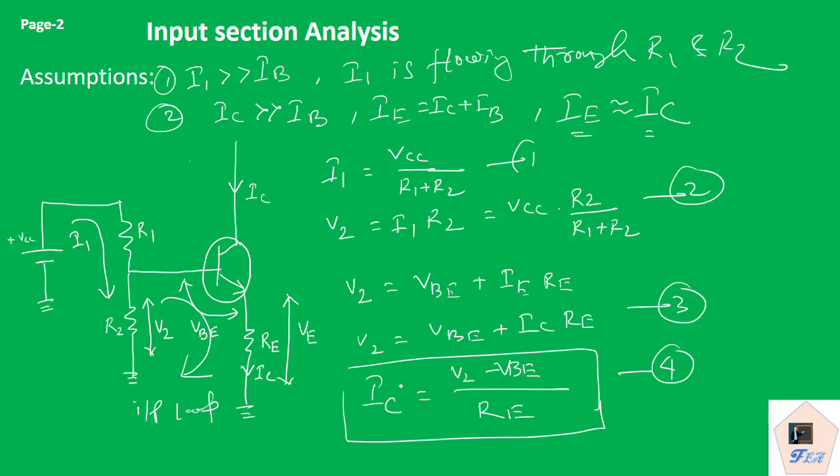In this biasing circuit, straight away we can see IC is not directly dependent on beta, but we have slight dependence on VBE. But in practice, V2 is such that it is much greater than VBE. As a result, IC is also independent of VBE, or very less dependent on VBE.